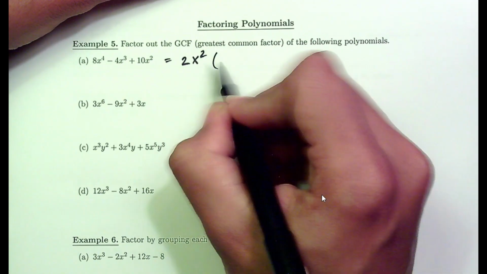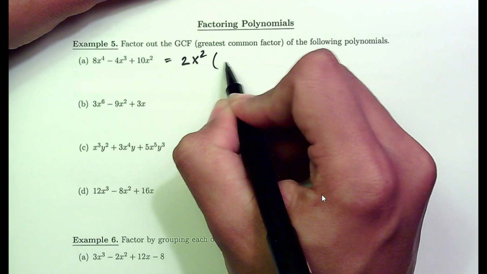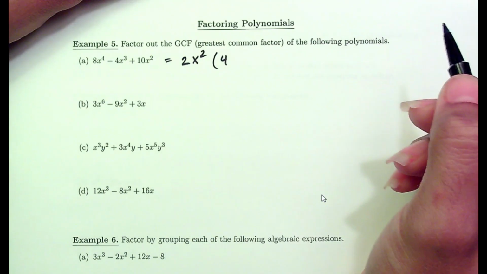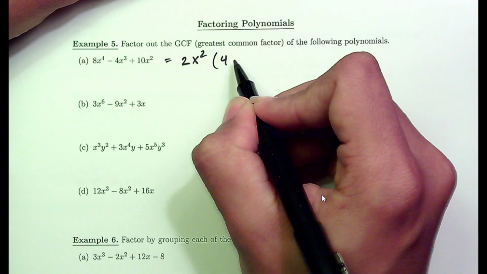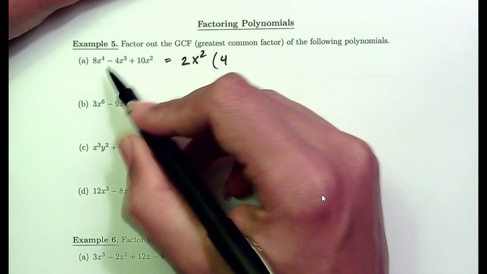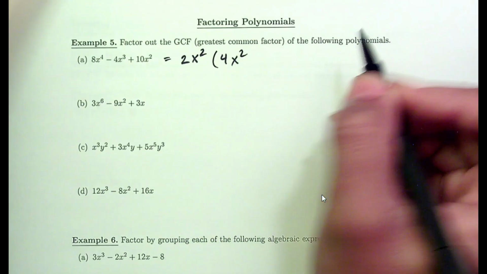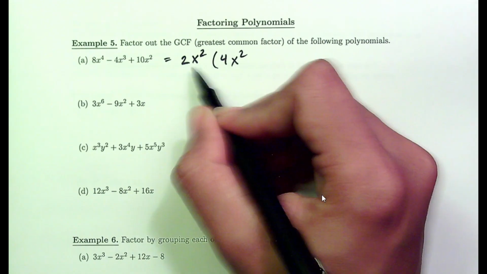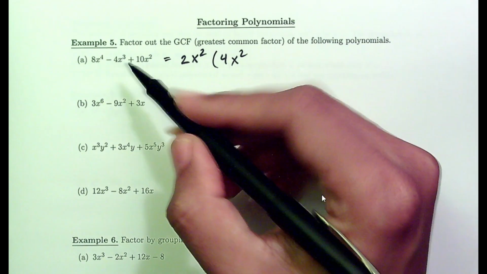If I have a 2, I need something here that when I multiply them, I get 8, that means I need a 4. And then what power of x do I need here so that when I multiply, I get x to the 4? Well, you need an x squared. Then if I were to multiply these two terms, I would get 8x to the 4th.